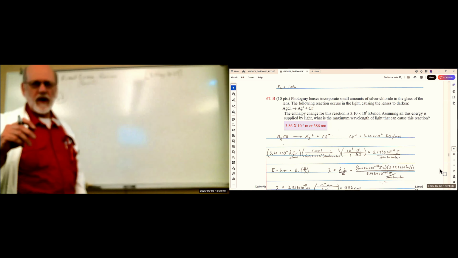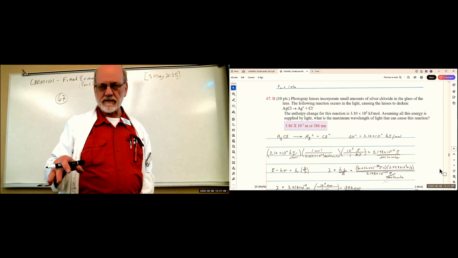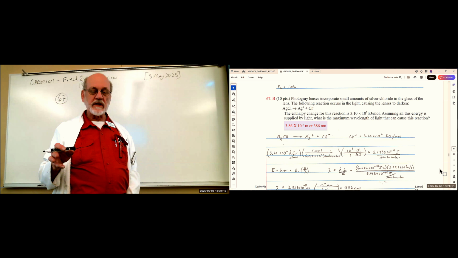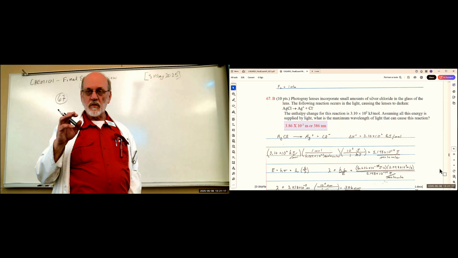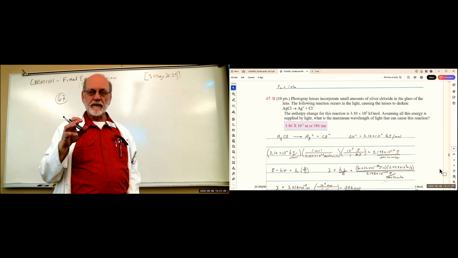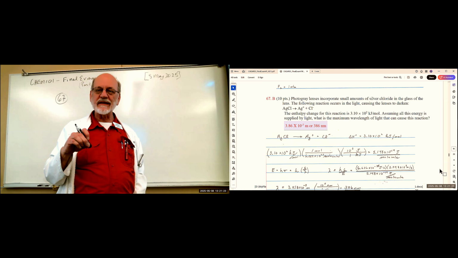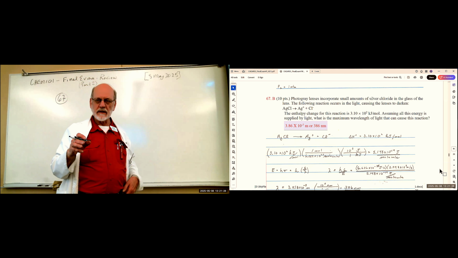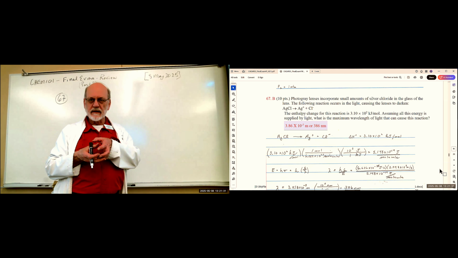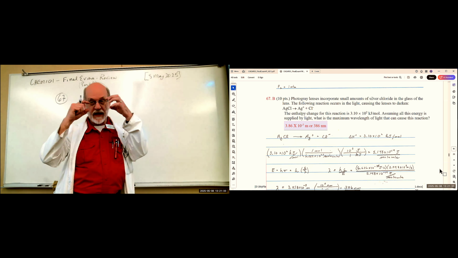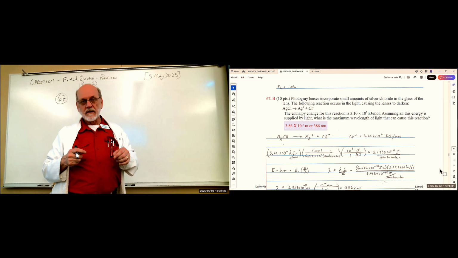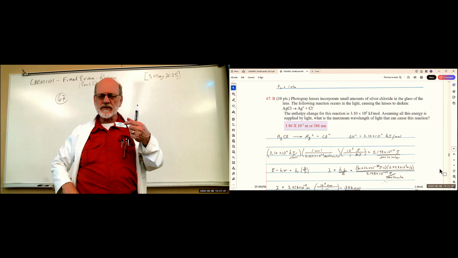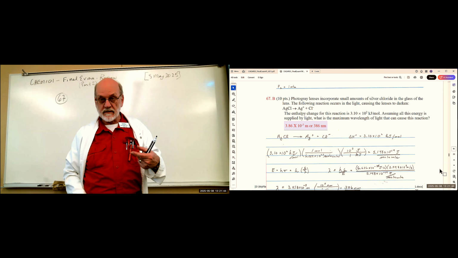So here we have a problem with photogray lenses. Now, I think the technology has changed over the years, but originally the photograys incorporated a chemical reaction with ultraviolet light and silver chloride. In the plastic of your glass, the ultraviolet light causes the silver chloride to dissociate.